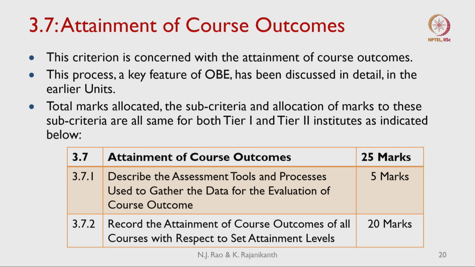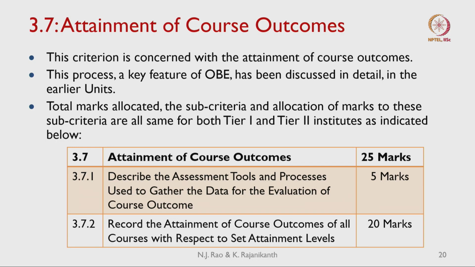That means, describe the tools, the processes, which includes the frequency with which the data is collected, and describe how all these are implemented. So, description of this process itself, that is 5 marks.